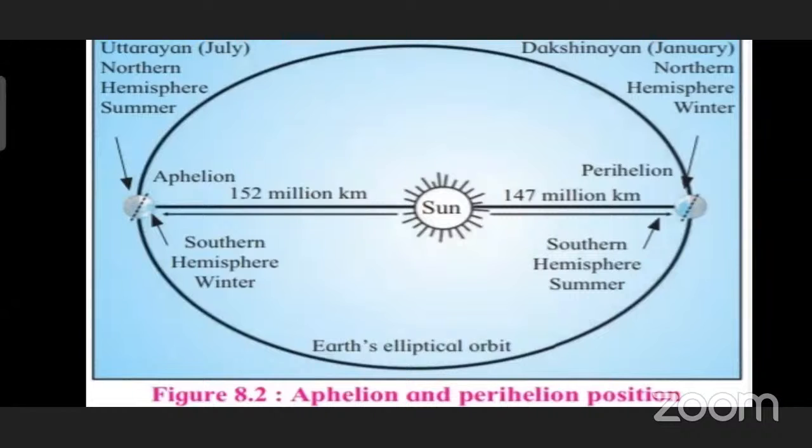That position of the Earth is called aphelion. And here you can see the northern end of the Earth's axis is towards the sun. So this all we have seen in the last session. Now what we are going to see in this session, that we will see in the next slide.